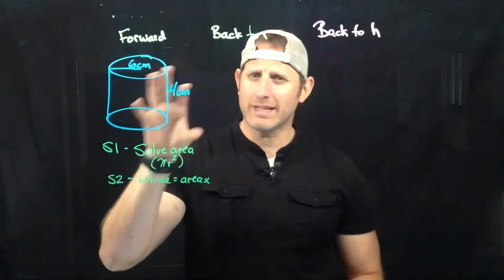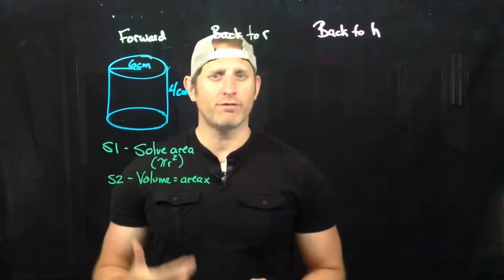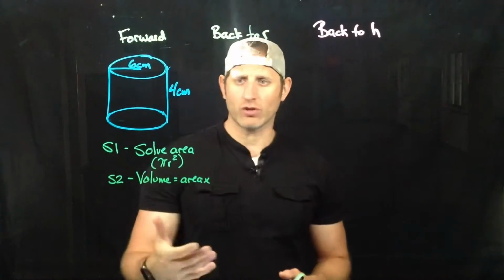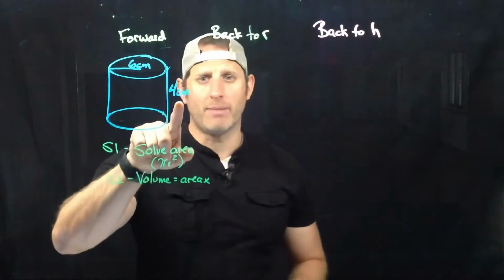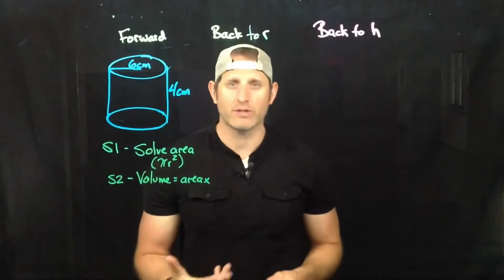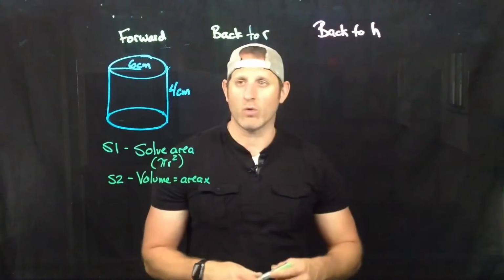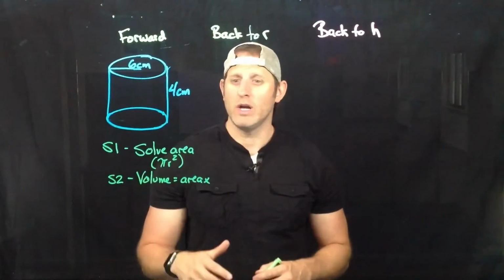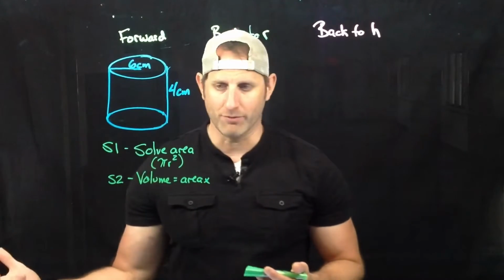When we're dealing with a cylinder, however, we need to remember the formula for area of the circle, which would be the flat object, and then we're going to multiply it by the height. We've done a video before where we look at how to solve for area of a circle. We'll throw a card in the top right-hand corner. You can go check that out if you need to, or just stick here because I've already got it pretty much written for you.